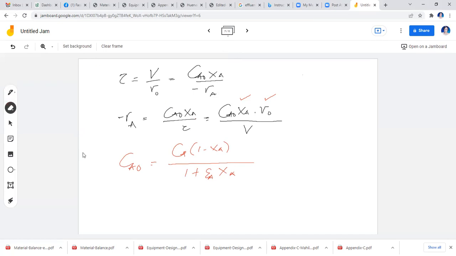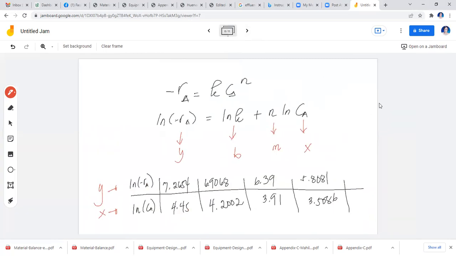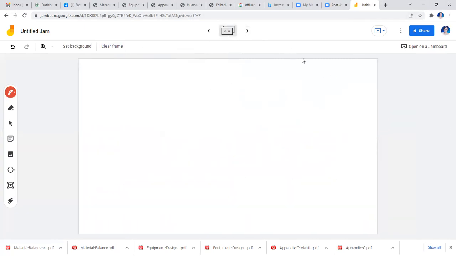Sorry, CA, and this is CaO here. Now, from in here, you can solve for the XA at any particular run. So in this case, we'll have a different table. I'll construct a table.